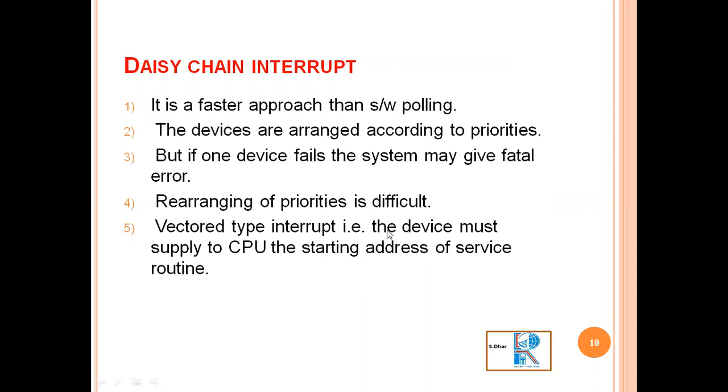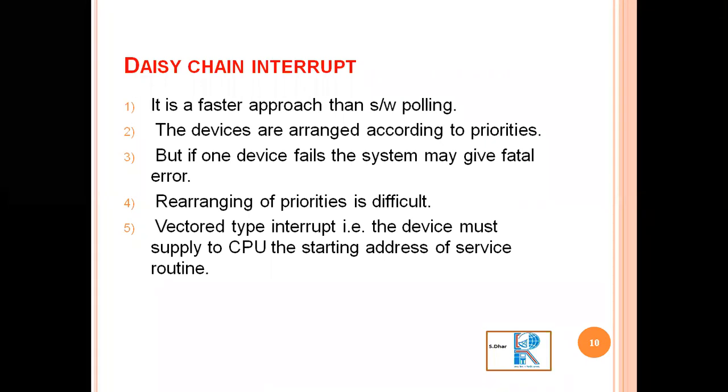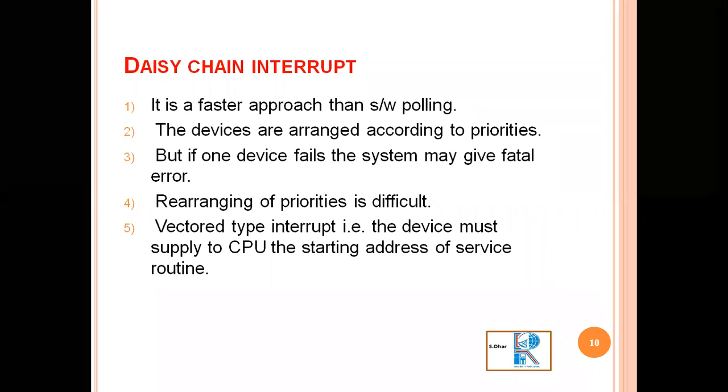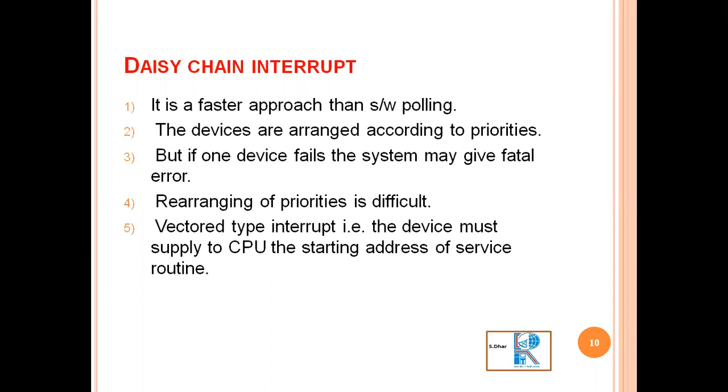So what is the gist? The gist is that in interrupt service driven IO, the processor will service the IO when it gets the interrupt. The processor doesn't have to check the IO device continuously, and it is a very good approach because the time is very low compared to programmed IO.